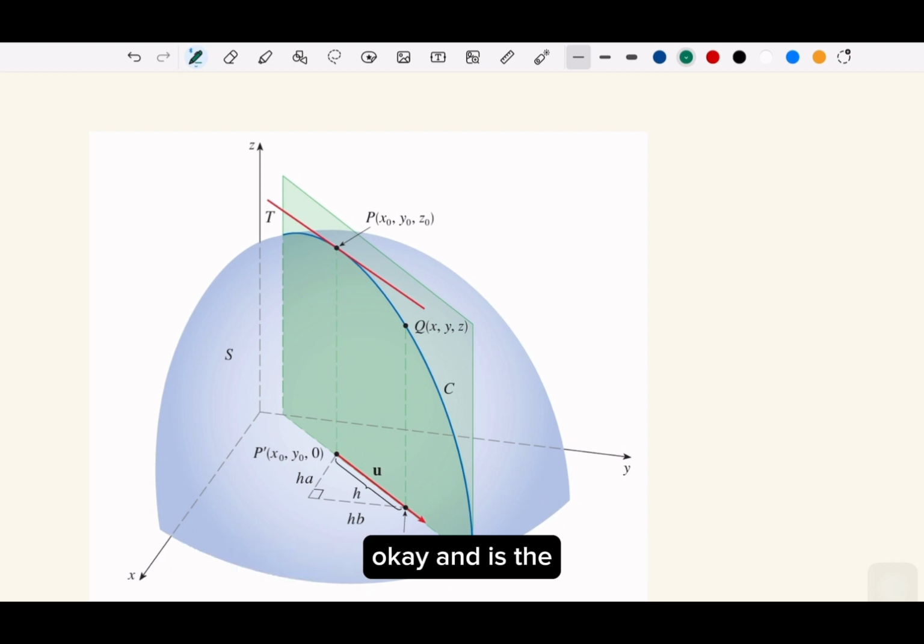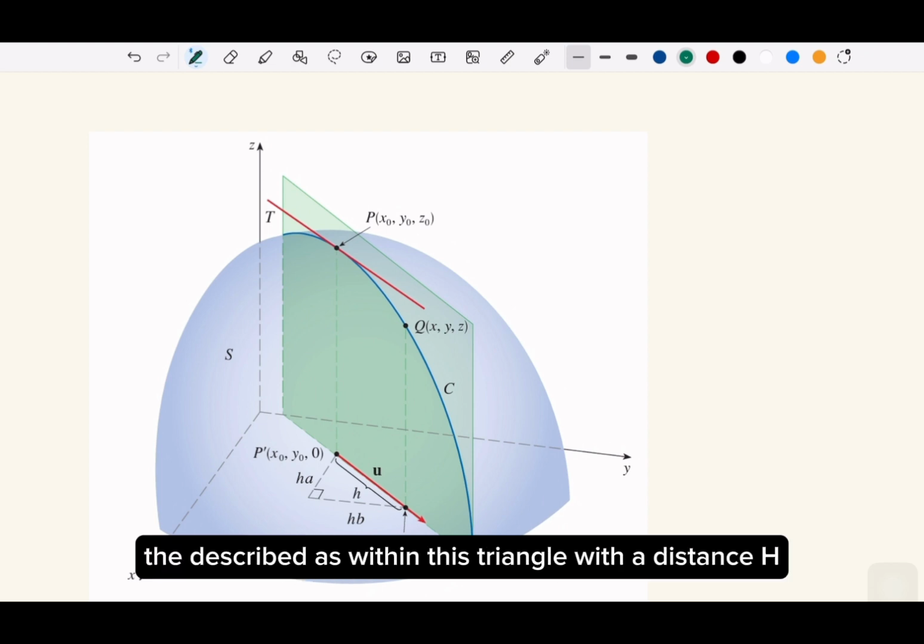Okay, and it's described within this triangle with a distance h.